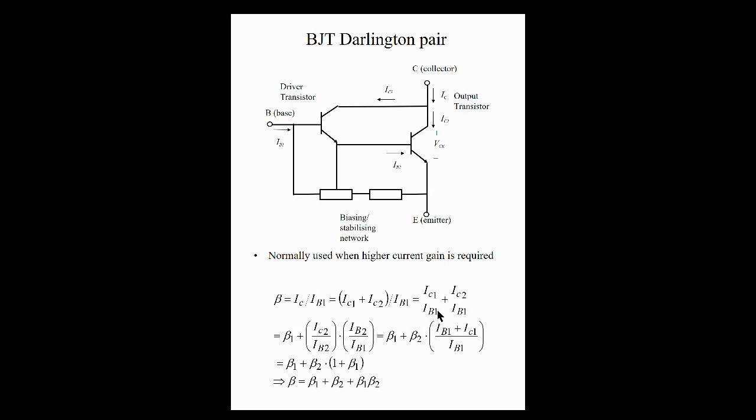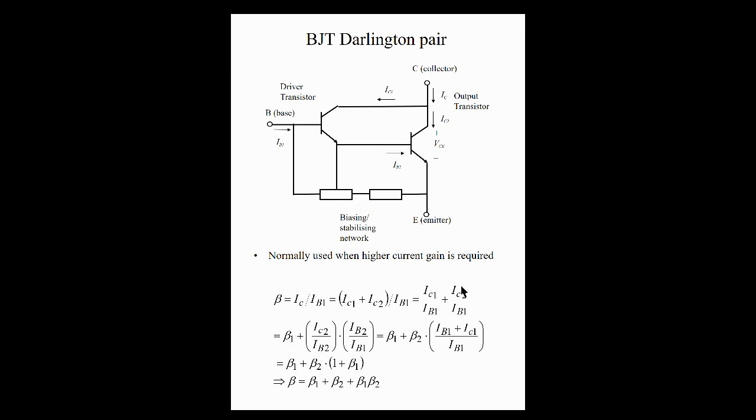It's just fractions here. We're just splitting this, expanding the brackets right here. That's all we're doing at this point. Now, right here, IC1 to IB1, that one is clearly the gain on transistor 1. So we can call that beta 1.